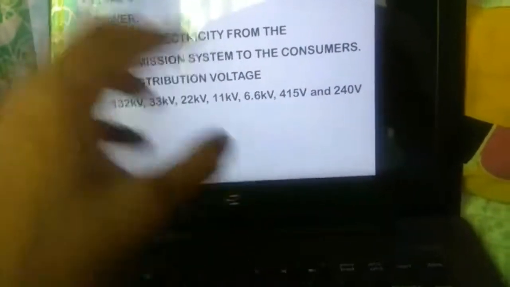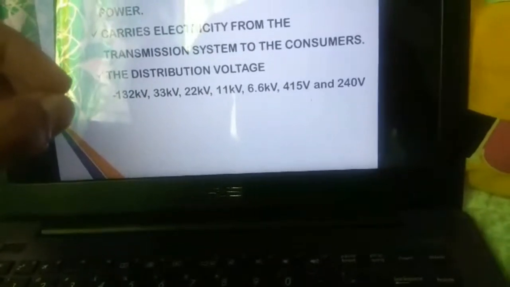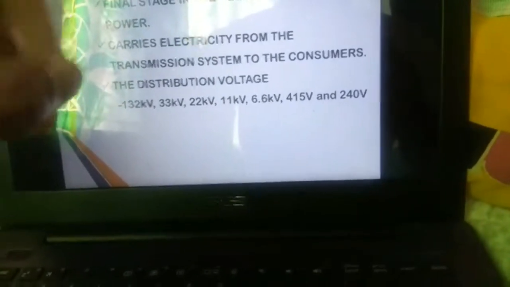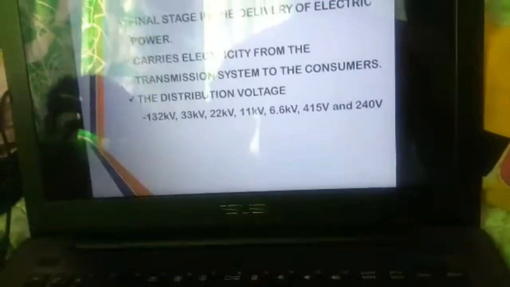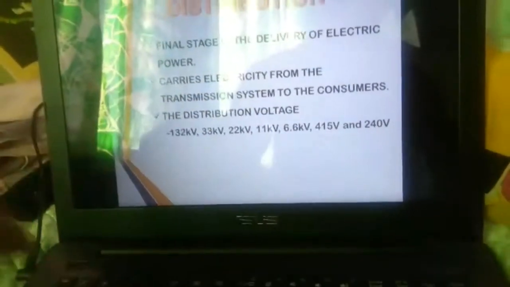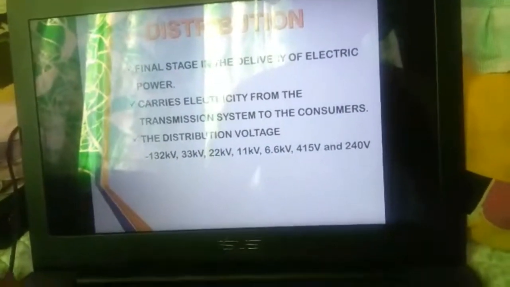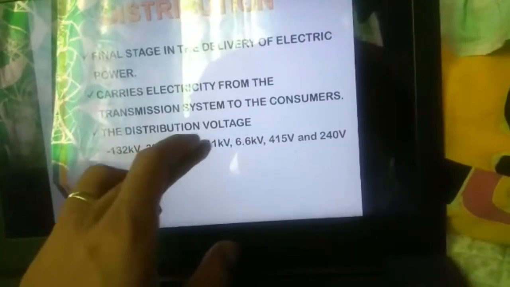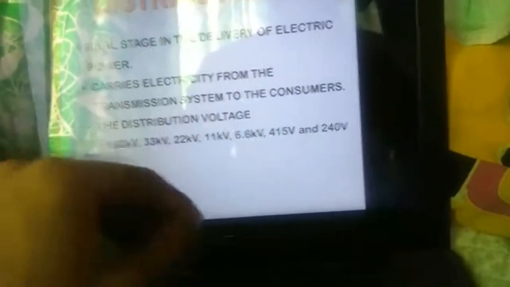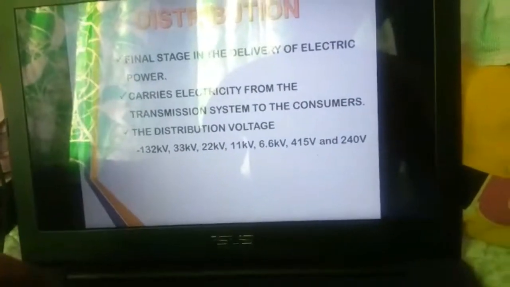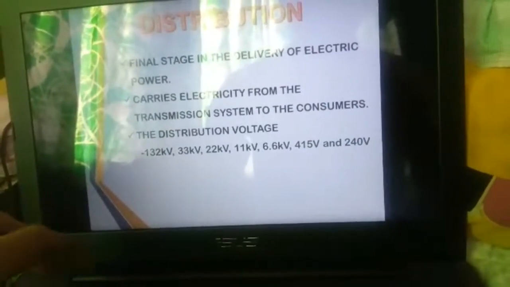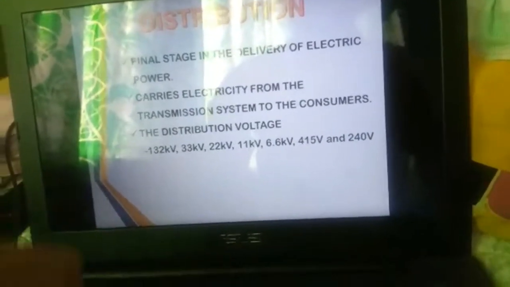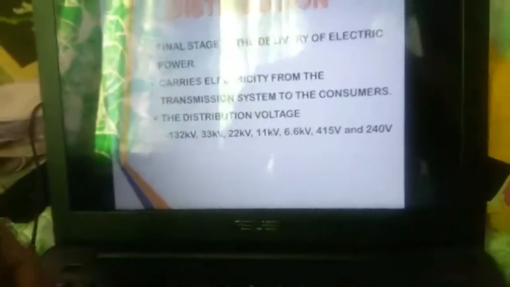It depends on the consumer, on the loading area. The 22 kV, 11 kV, and 6.6 kV depend on the demand of the consumers in the area.